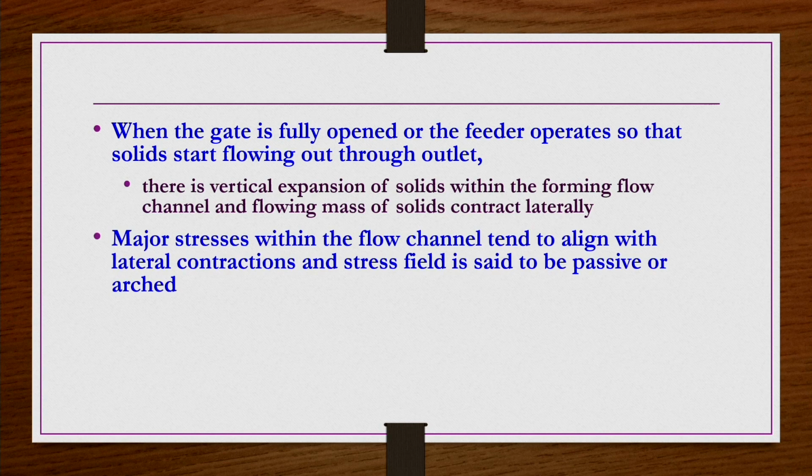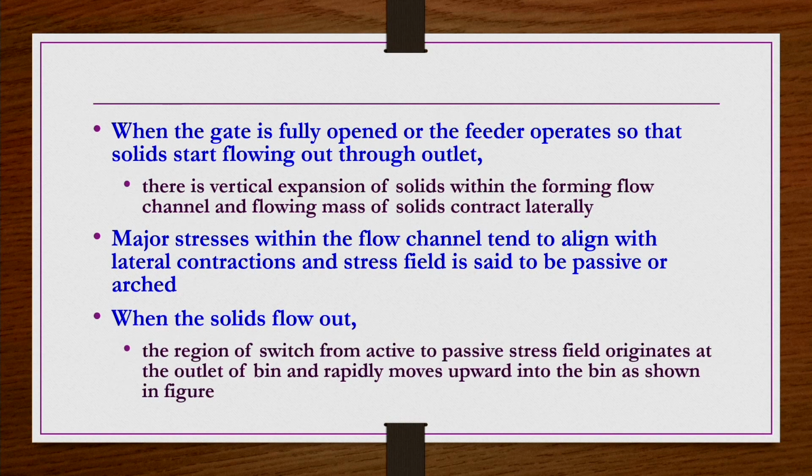Major stresses within the flow channel tend to align with the lateral contraction, and the stress field is said to be passive or arced. When the solids flow out, the region of switch from active to passive stress field originates at the outlet of the bin and rapidly moves upward into the bin, as shown in the picture that I have shown already.